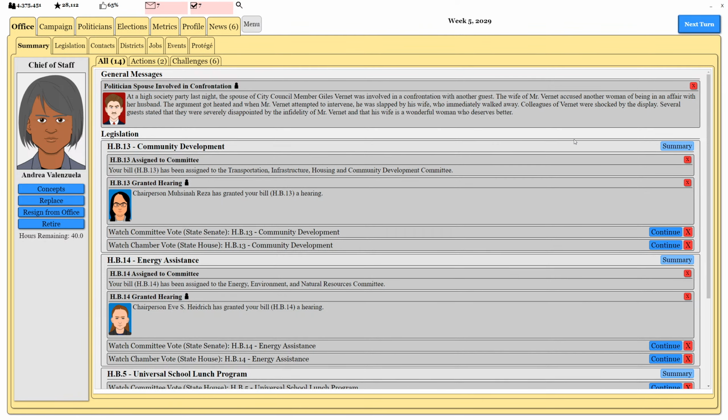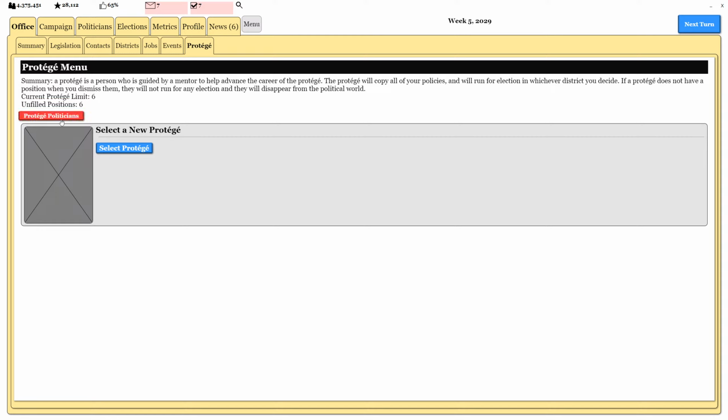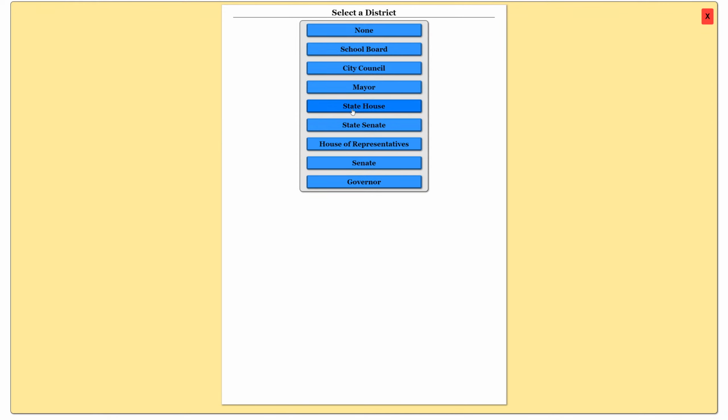Did you appoint someone to Congress or state legislature? No, but I need to, because we're about to have to run for re-election here.